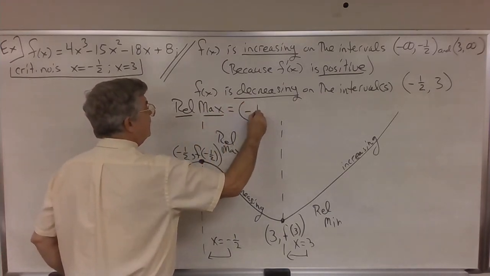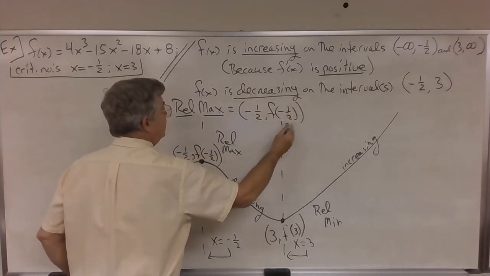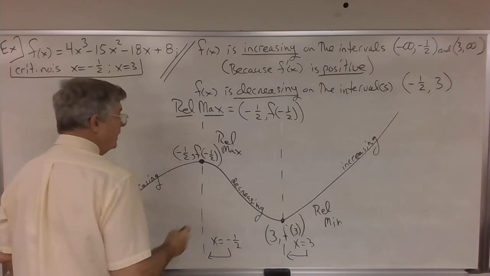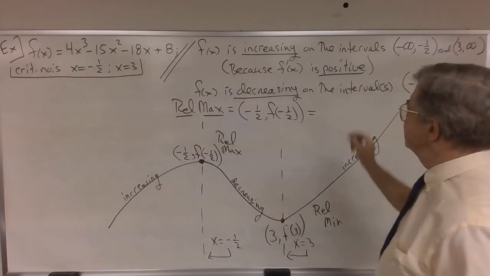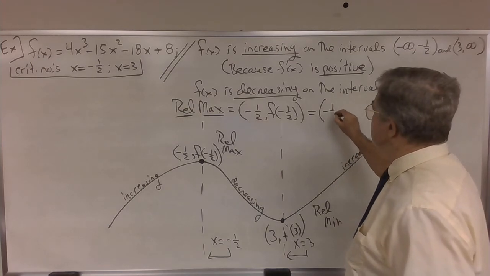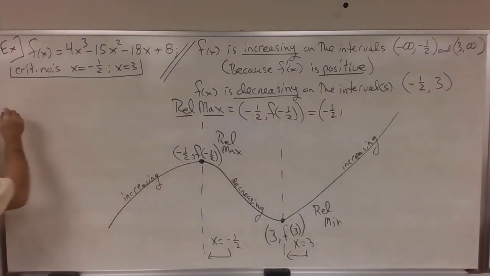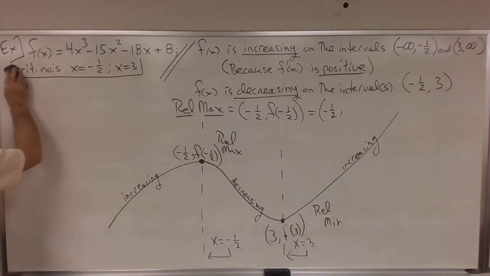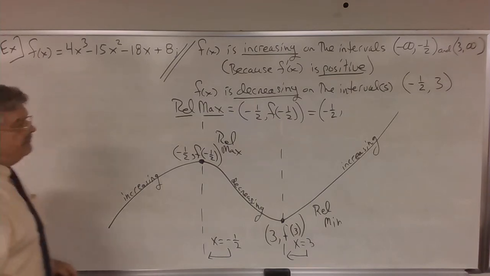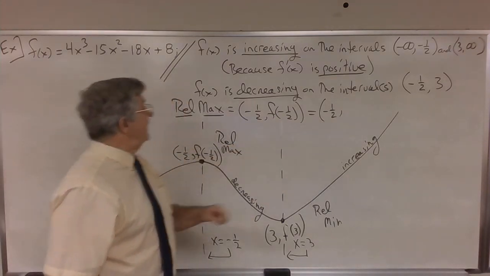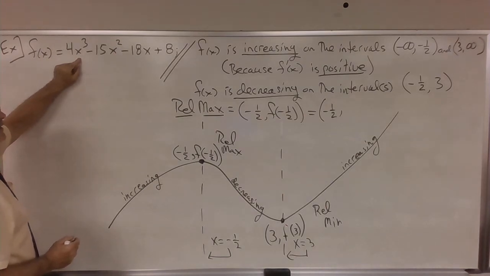-0.5, and f evaluated at -0.5. And I'm obligated to compute what this is. Oh, let's say 4x. If I have -0.5 and I cube it, let's see, that's -1/8, isn't it?